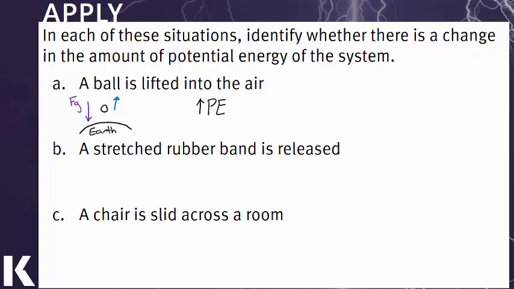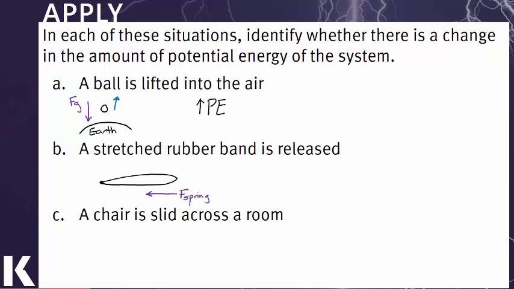Now let's take a look at B. A stretched rubber band is released. So here's our rubber band. And let's think about the force. Rubber bands are very similar to springs. So this is essentially going to be a spring force. And spring forces always oppose the displacement. So if it's stretched out over to the right, there will be a force pointing to the left, and this would be our spring force.